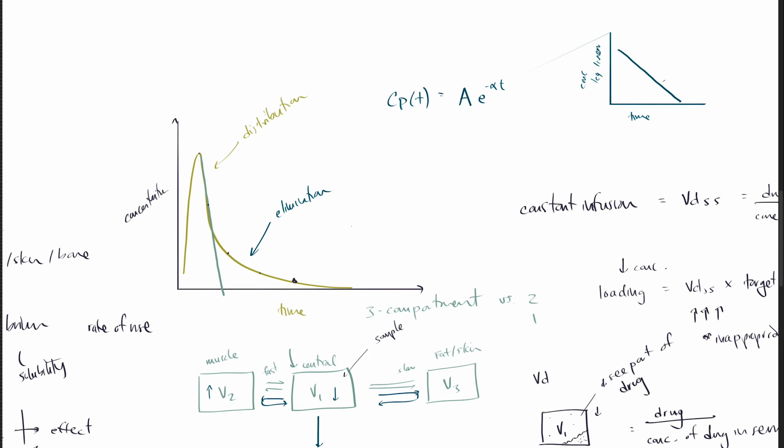Now, if you wanted this to represent a 3-compartment model, you would have your coefficient, your rate constant, and you would notice that there'd be multiple rate constants plus a third.